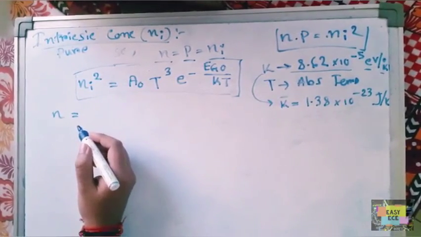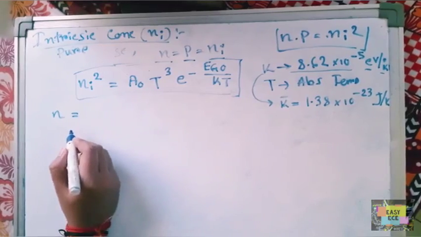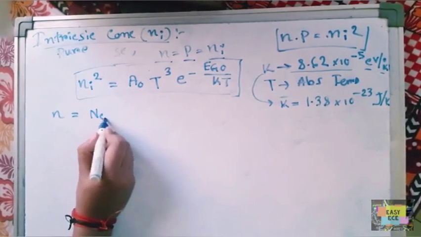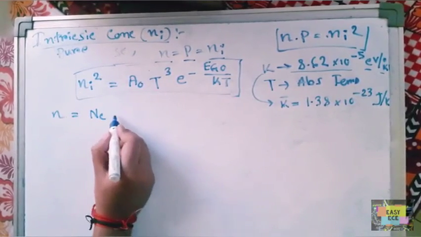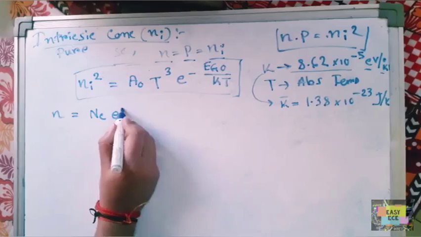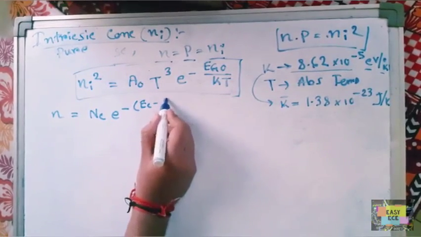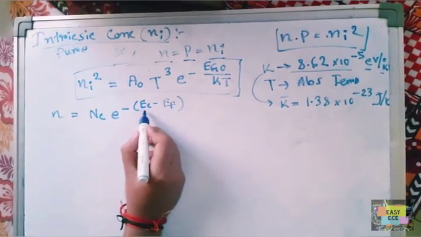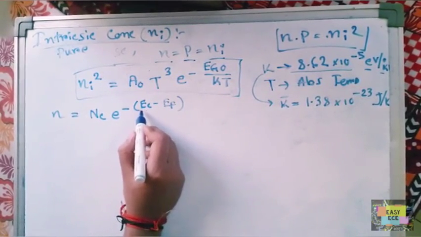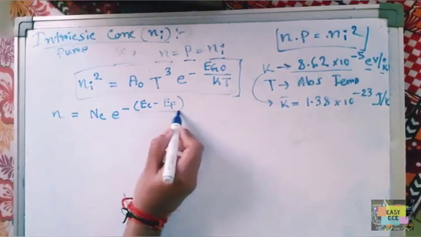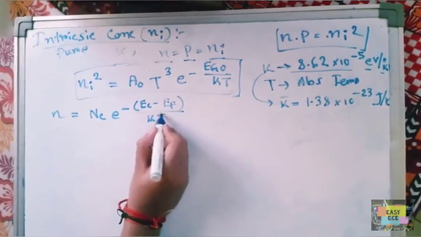We already know that n equals Nc, which is a constant, into e to the power minus Ec minus Ef, that is the energy of the conduction band minus the Fermi level energy, divided by K into T.